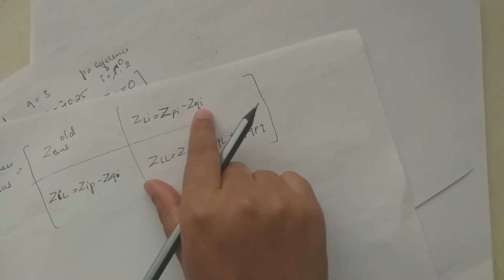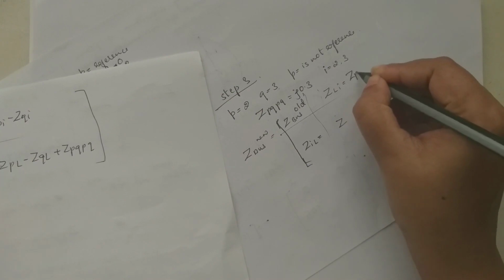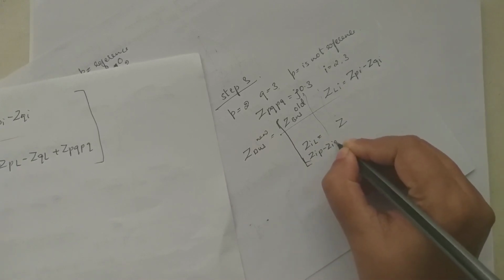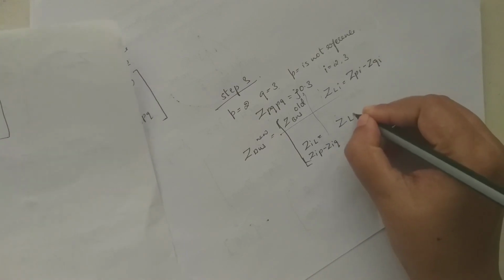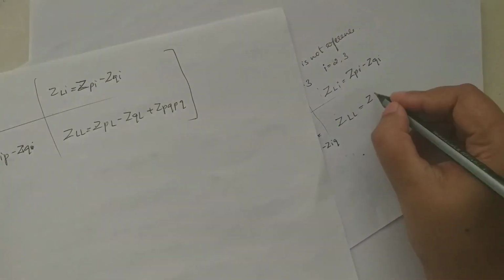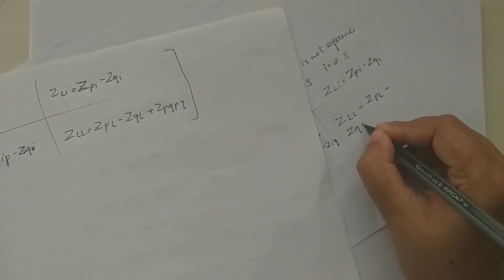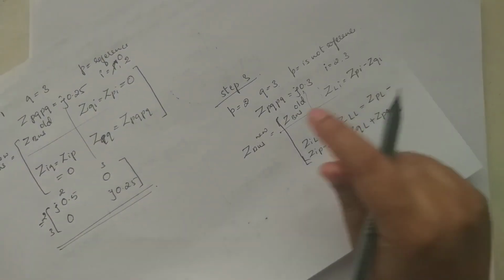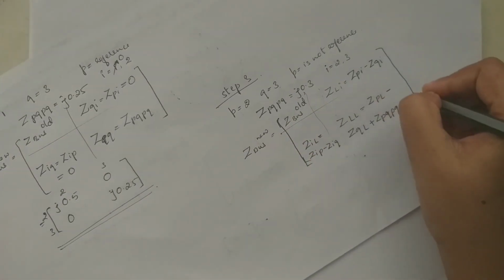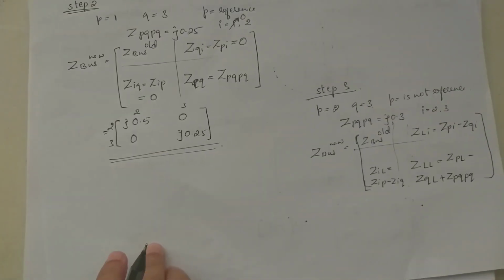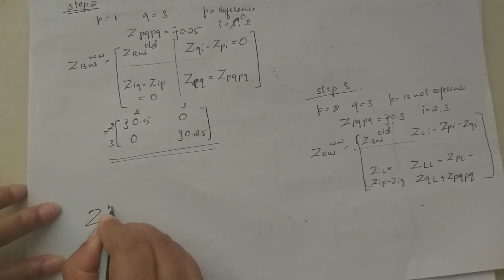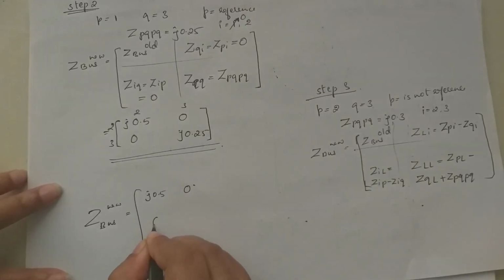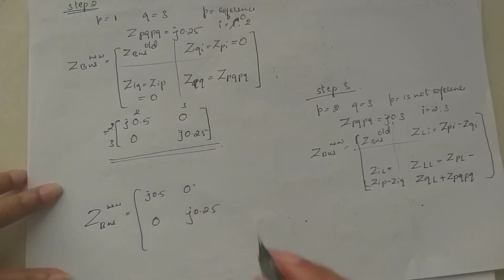ZLI is equal to ZPI minus ZQI, and ZIL is equal to ZIP minus ZIQ, and ZLL is equal to ZPL minus ZQL plus ZPQ,PQ. First we will write down ZBus old, which is equal to j0.5, 0, 0, j0.25.